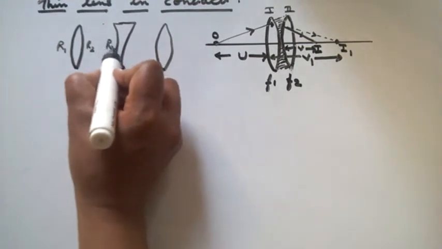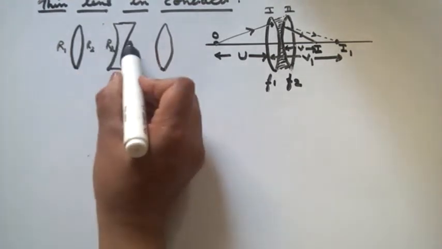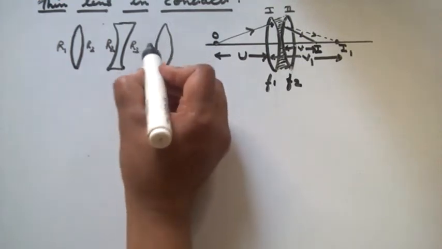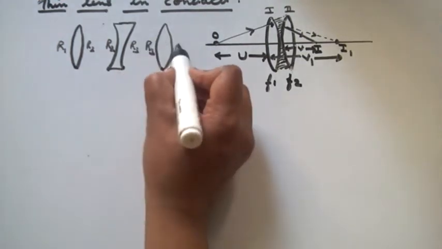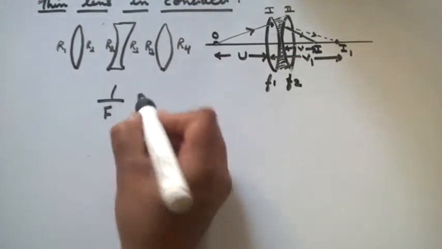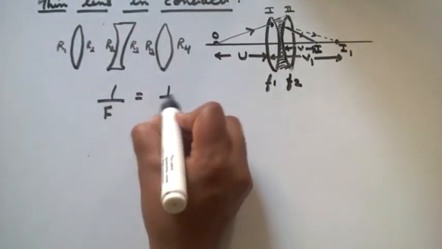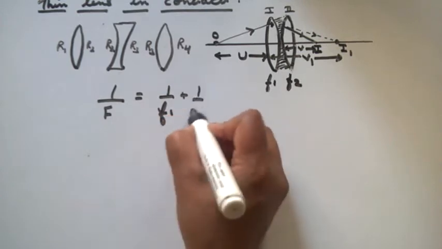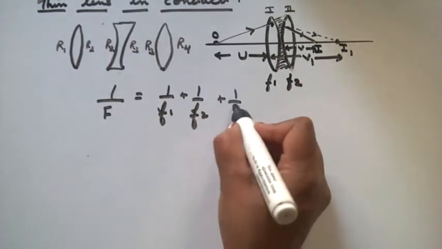Then for the second lens, radii of curvature are r2, r3, and for the third lens, r3 and r4. So the equivalent focal length is 1 upon f equals 1 upon f1 plus 1 upon f2 plus 1 upon f3.